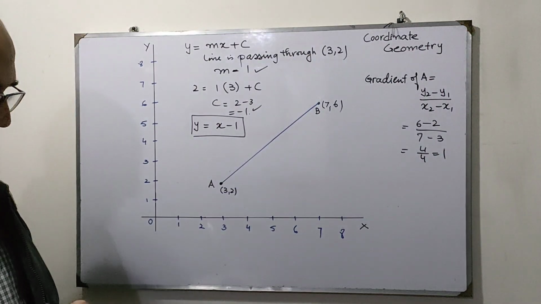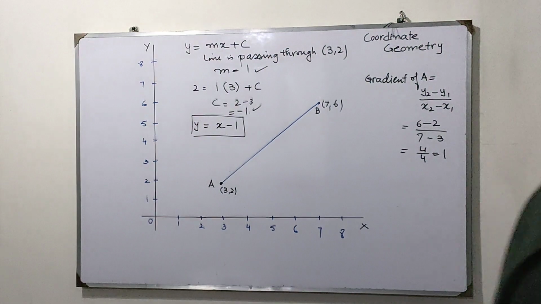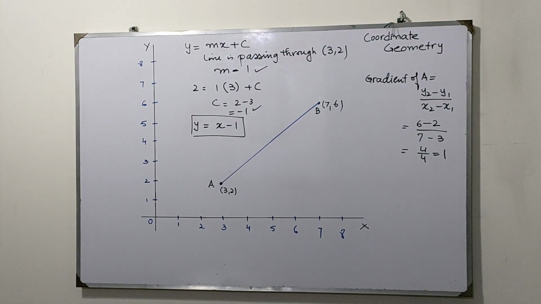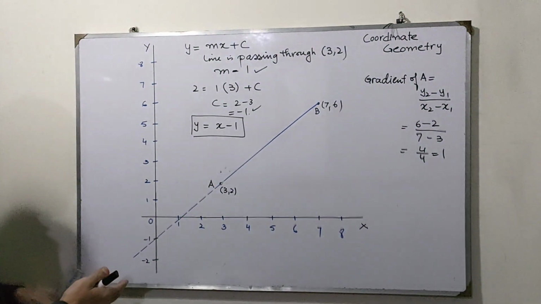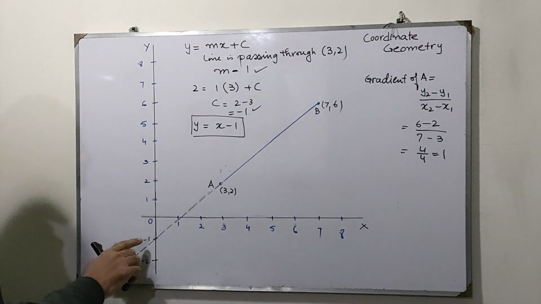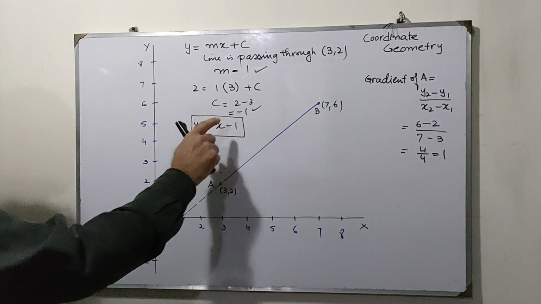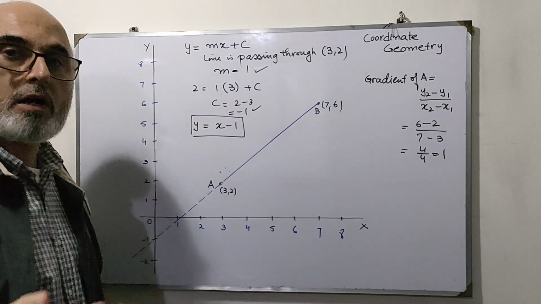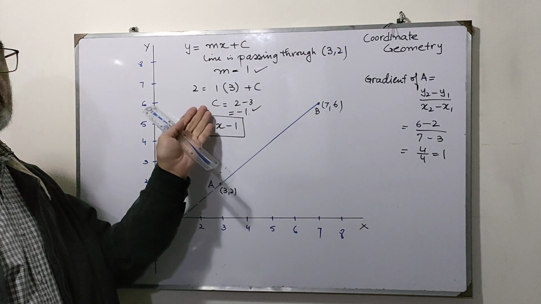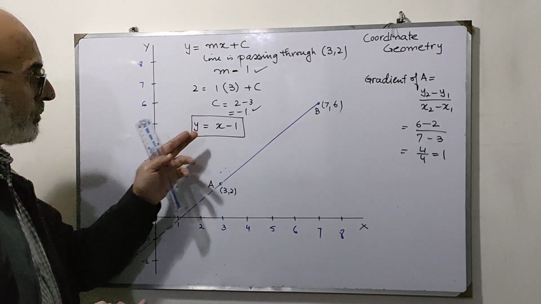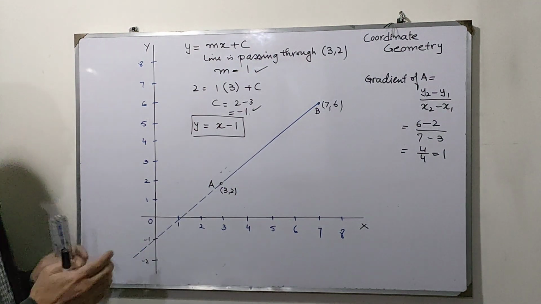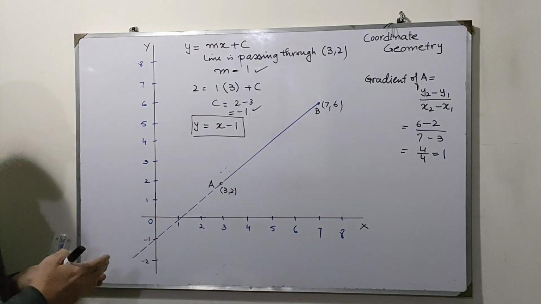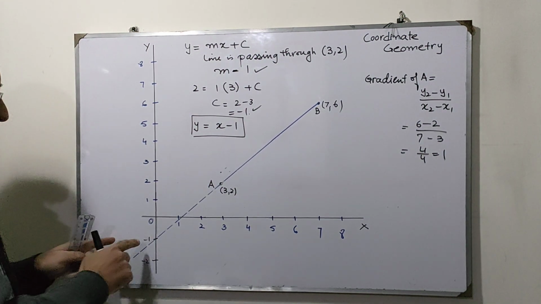Let's see that first. I have extended this line downwards and it is intersecting the y-axis at minus 1. This is what I wanted to show: we calculated the y-intercept as minus 1, and if we extend this line, it can be seen that it intersects the y-axis at minus 1.